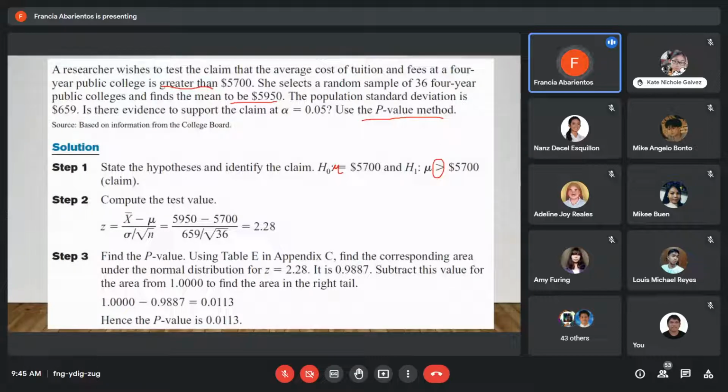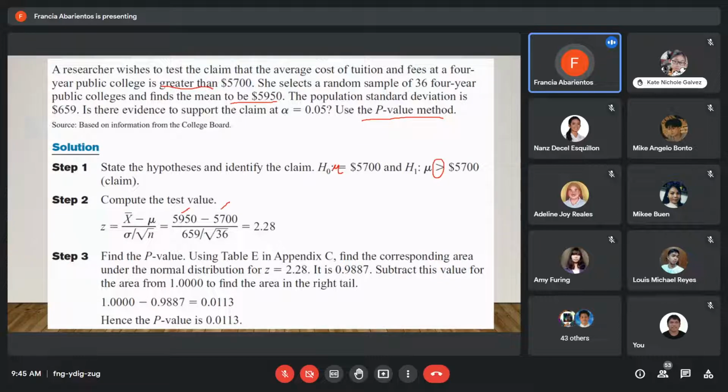Now, in the traditional method, step 2 is to find the critical value. While here in the p-value method, we need to solve first the test value. Makikita naman to sa problem: given naman sa atin yung mean niya, 5,950. Yung tinitest natin is 5,700.